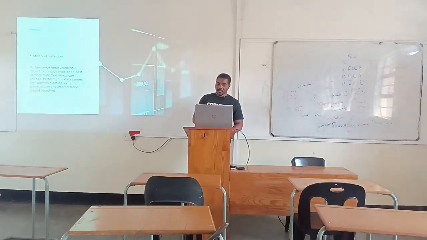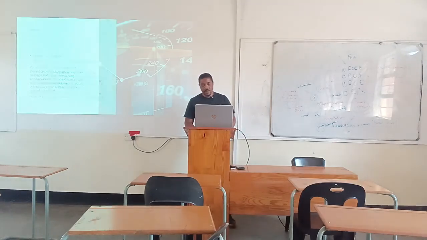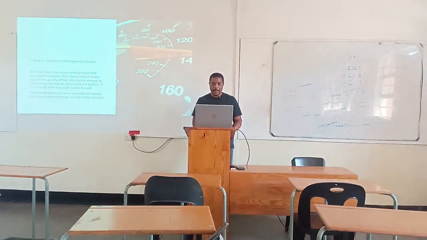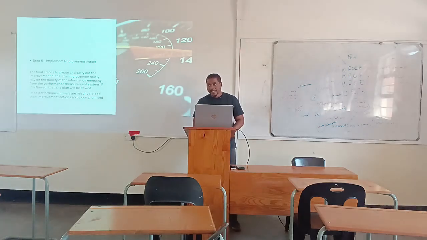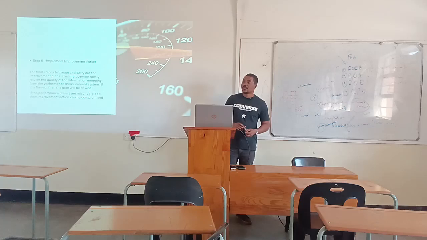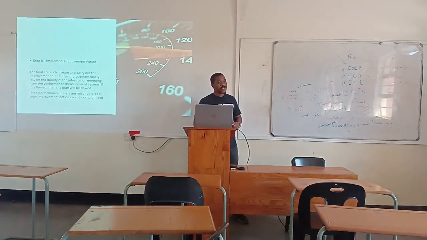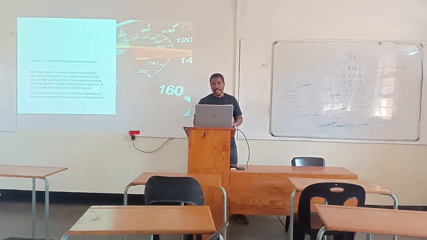And that's when we are coming to our next point, which is step number 6. Implement improvement action. So now here we are saying we have failed to achieve our target.